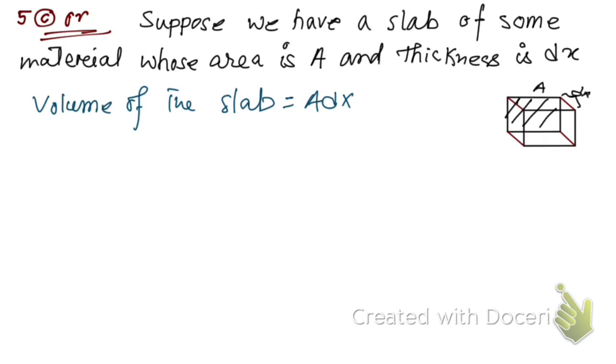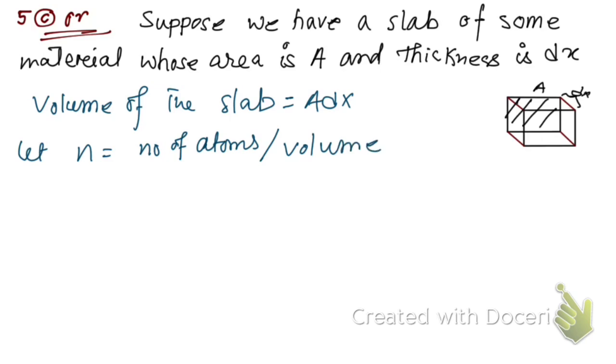Let the material contain n atoms per unit volume, right? Let n be the number of atoms per unit volume. That means number of atoms divided by volume.